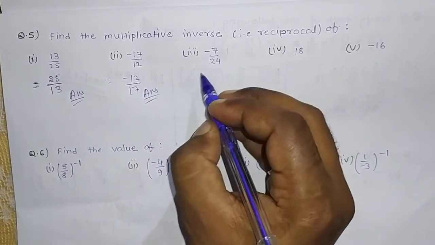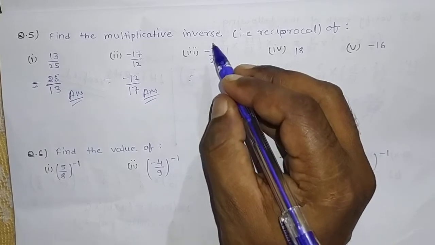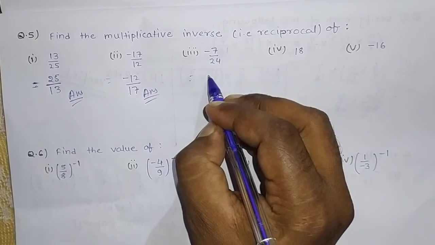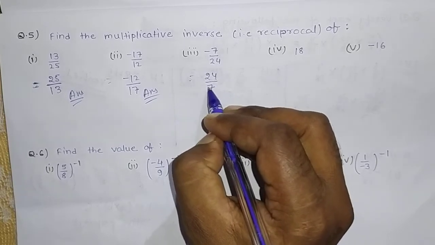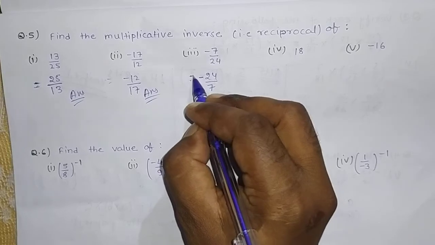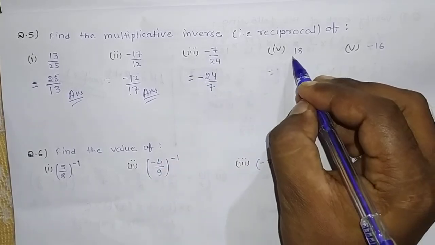Similarly, question number 3, minus 7 upon 24, it becomes 24 upon minus 7. So we can write 24 upon minus 7. Here minus goes at the numerator. Similarly, question number 4, 18, we can write 18 upon 1 here.